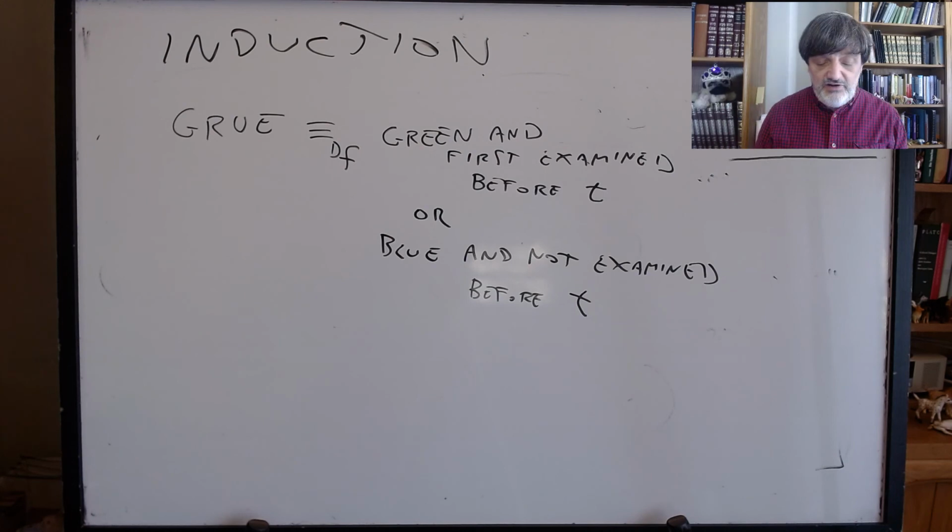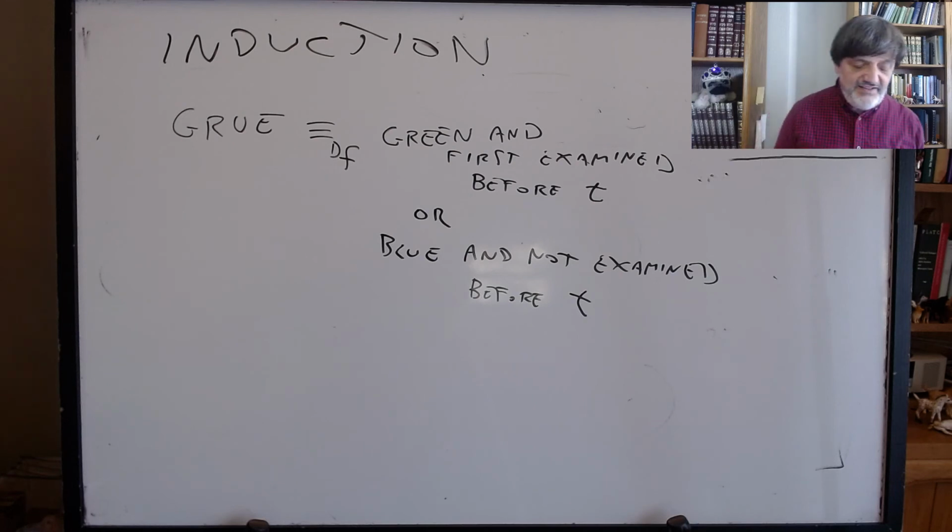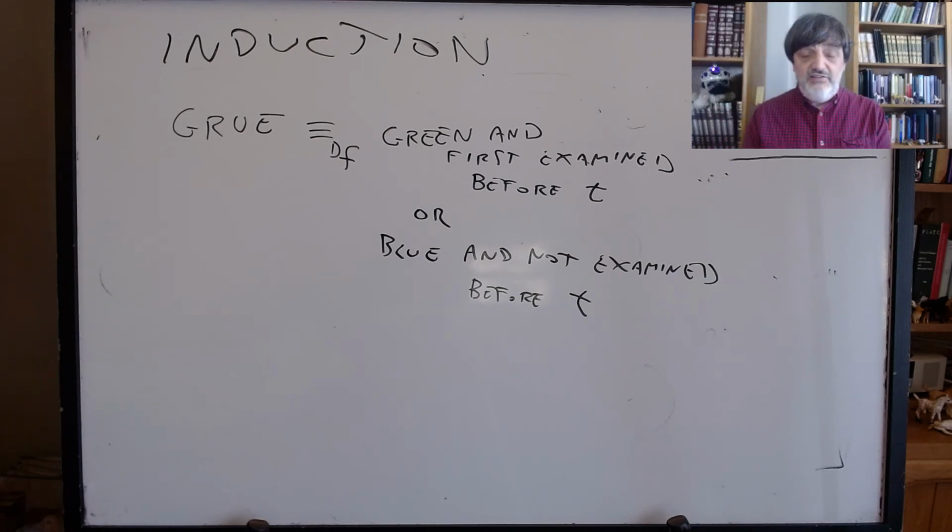That is, when I pick something up before time T and I see that it's actually green, I know it's GRU. I don't have to know anything about how it would behave under other circumstances, how it will behave in the future. I know that right now it's GRU. It could change and not be GRU later, let's say.